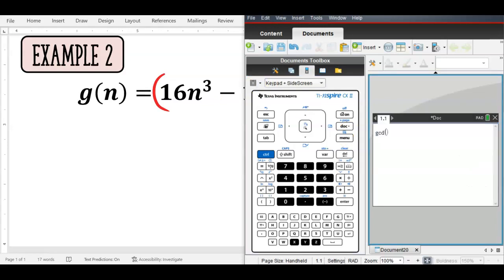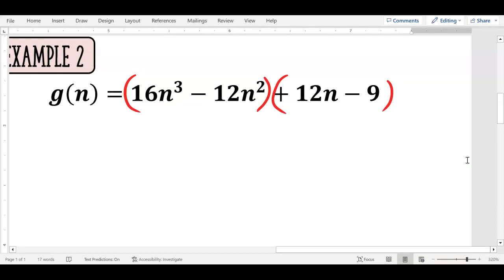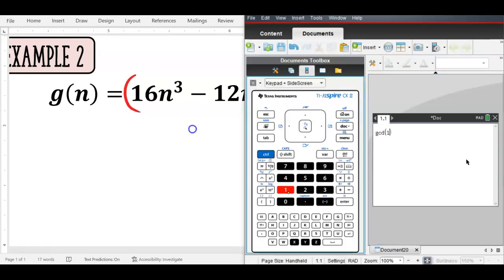You could probably just type GCD parentheses. But menu 2, 5, and you type your 2 numbers, 16, comma, 12, and it will tell you the greatest common factor or greatest common divisor.